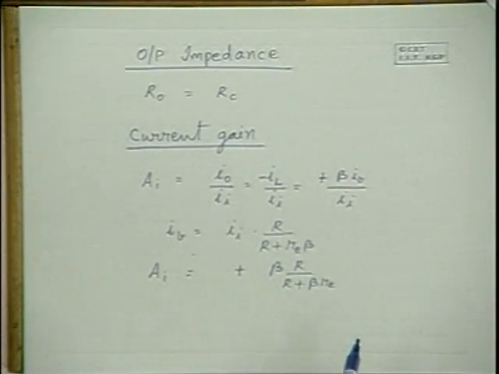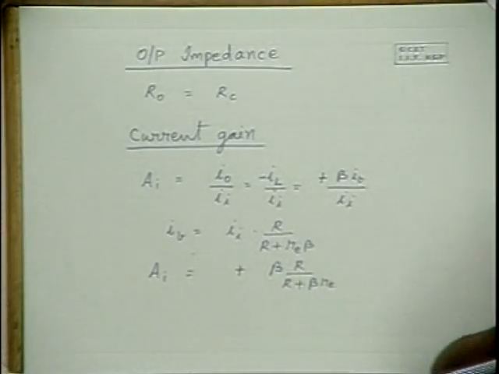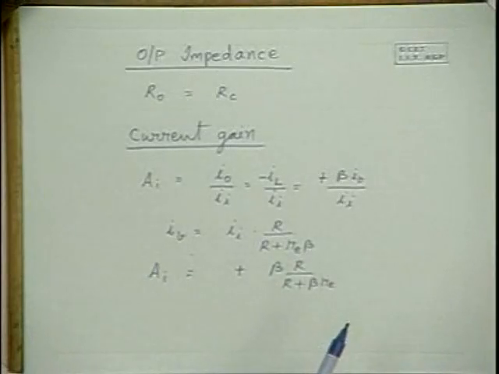The difference is whether you consider the load current as the output current or the nodal current as the output current. If you consider the nodal current, the incoming current, as the symbol for the output current, then the current gain is positive.